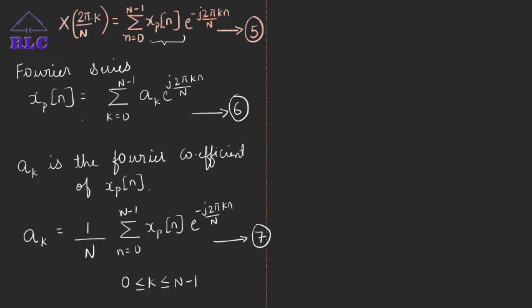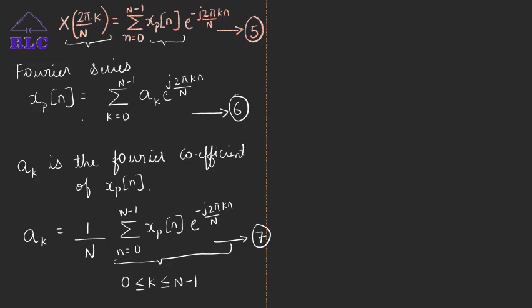Now using equation 7 and 5, observe equation 7 and 5, we can represent this term in summation, summation n is equal to 0 to N minus 1 xp of n into e power minus j 2 pi k n by N, as X of 2 pi by N into k using equation 5.